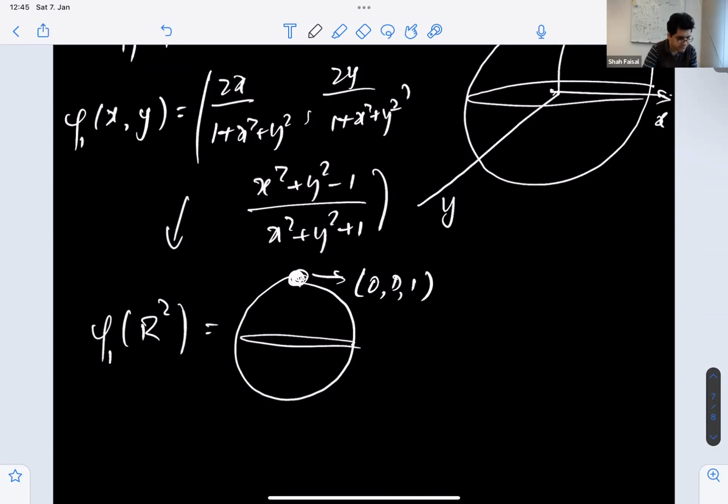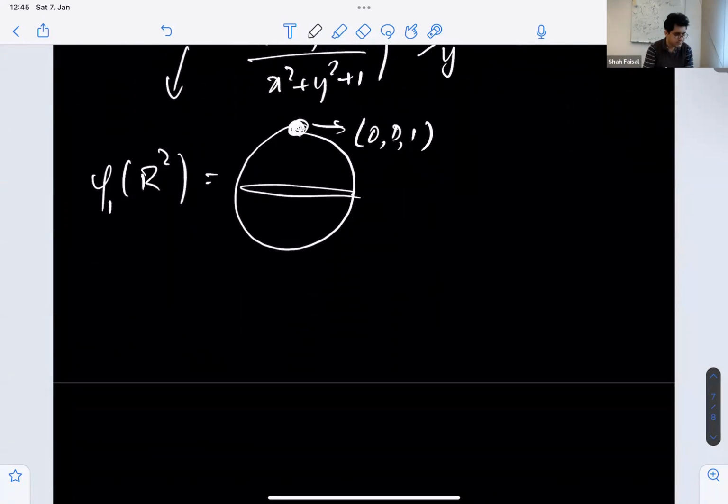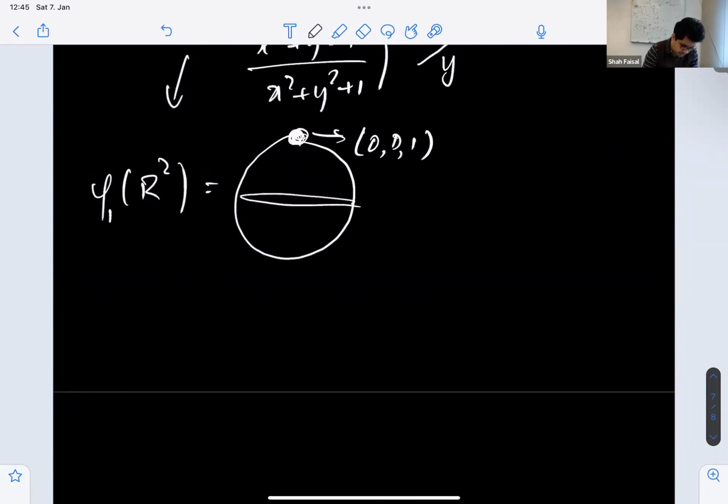So my question was, can you find a continuous injective map from R2 to the sphere which covers the whole sphere? Well, that map would be a homeomorphism, right? And for compactness reasons, I told you you cannot do it because sphere is compact and R2 is not. So there doesn't exist such a map. So you need another map to cover that point.